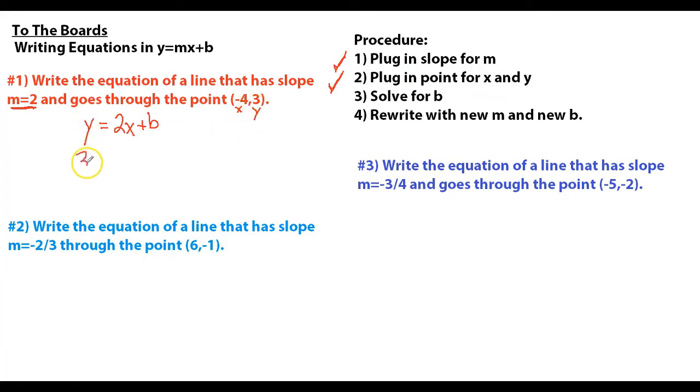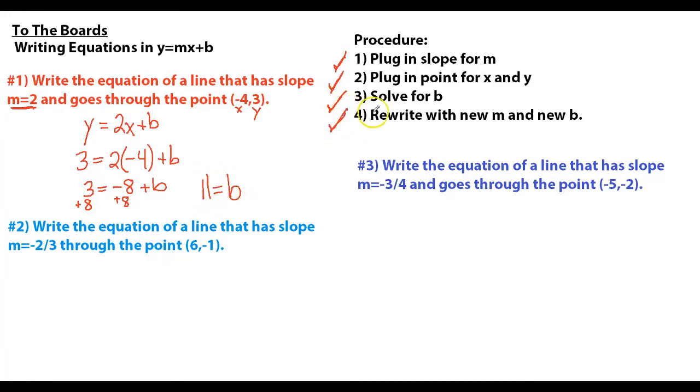So y is 3 and my x is -4 plus b. I now need to solve for b. So let's go ahead and multiply these together. 2 times -4, that's 3 equals -8 plus b. So I'm going to add 8 to both sides. And when I do that, I get 11 equals b.